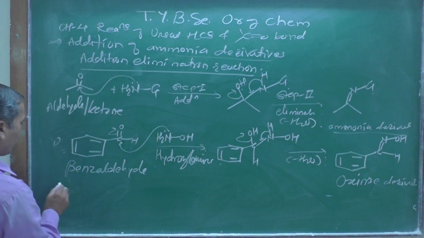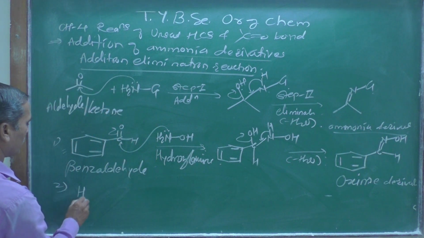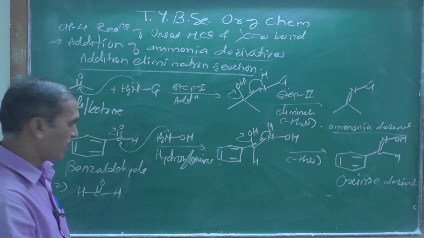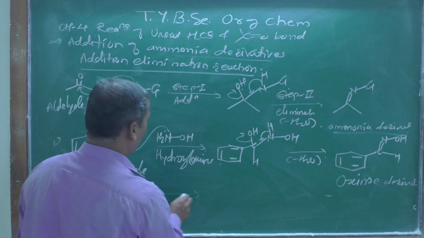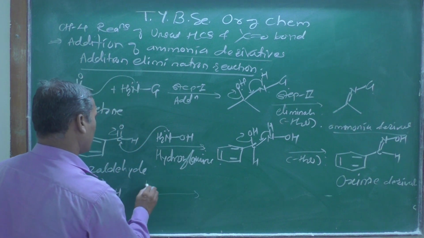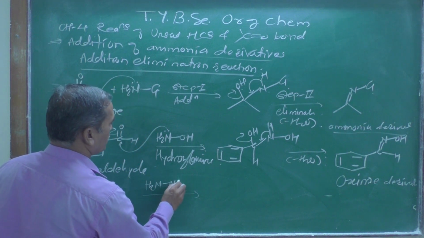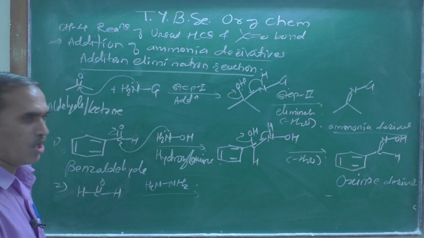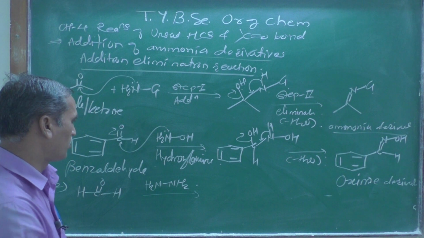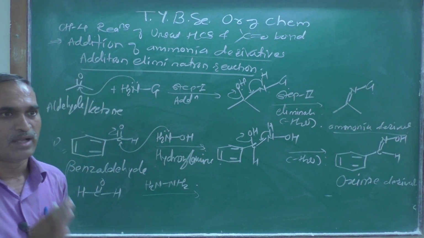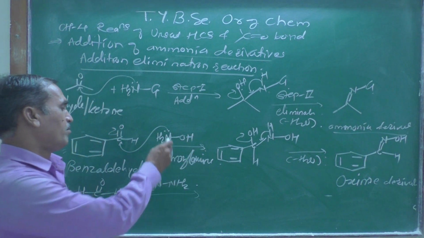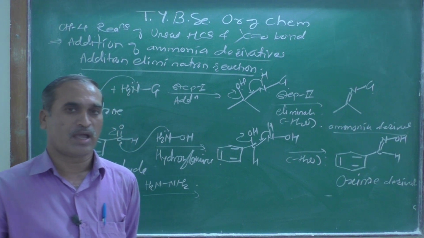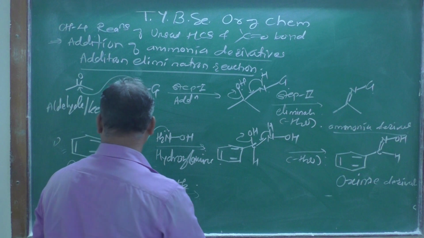Now the second one, suppose you have this one, HC double bond O. I am taking formaldehyde as the structure. And now I am adding H2N, NH2, that is hydrazine, in presence of ethanol. A catalytic amount is used; it does not require an acidic medium because they are highly nucleophilic in nature. And what do you get here?